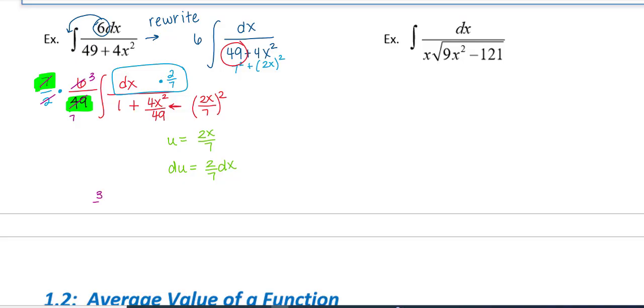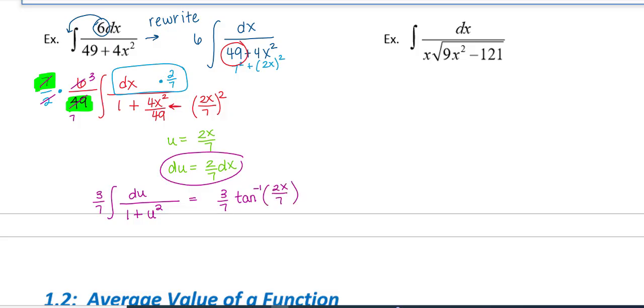So I will have a 3/7 on the outside, and in my integrand, I have du, because that's that 2/7 dx, over 1 plus u squared. So that would be 3/7 inverse tangent of u, and my u is 2x over 7, plus c, and you are done.